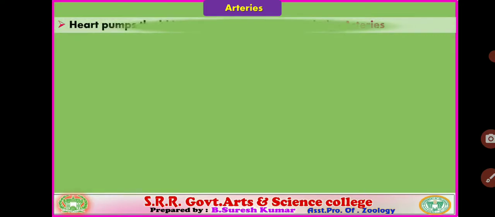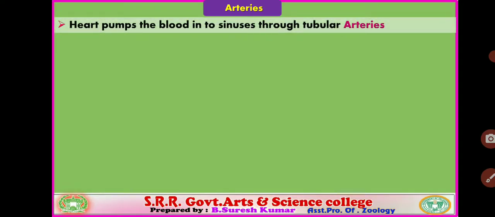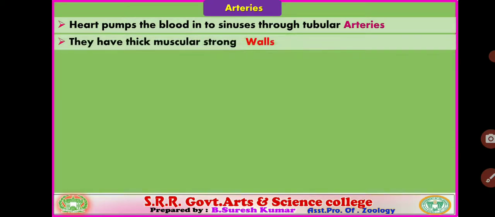Okay, followed. Next, the subsequent part associated with the vascular system of the prawn: the arteries. Yes, the heart pumps the blood into sinuses through tubular arteries. So the heart directly opens into tubular arteries.